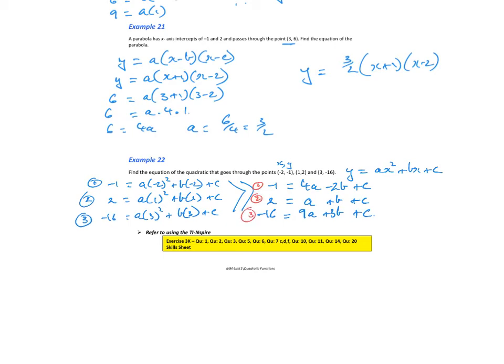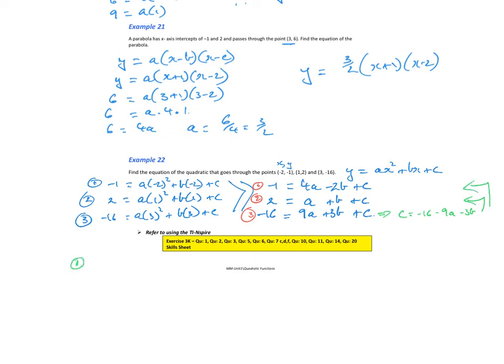Now, typically we'd solve these on CAS. It's unlikely that we'd have to solve these manually. But the process to solve manually, this equation here means, if I rearrange it, that c is equal to -16 minus 9a minus 3b. So I can substitute that into there and that into there.